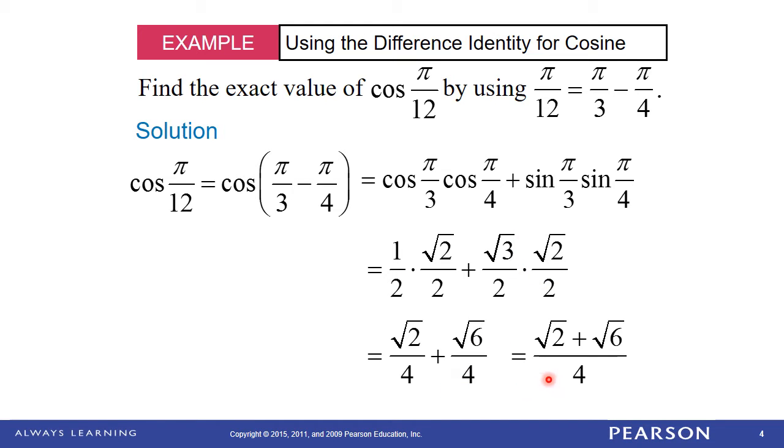Simplify, and we are done. So there it is. Now I have an exact value of an angle measurement that's not a multiple of 30 or a multiple of 45. Also, these things will come up a lot. You'll see a square root of 2, you'll see a square root of 6, you'll see a 4 come up quite a bit. All right, practice problem.